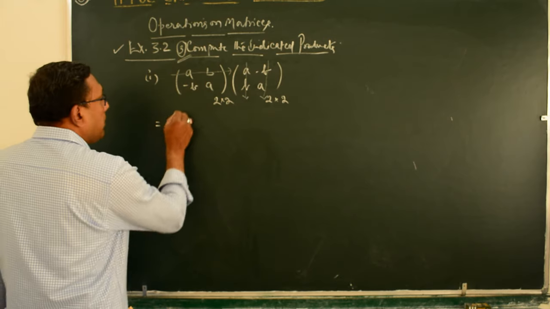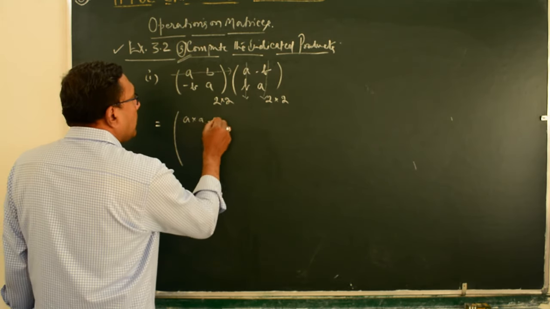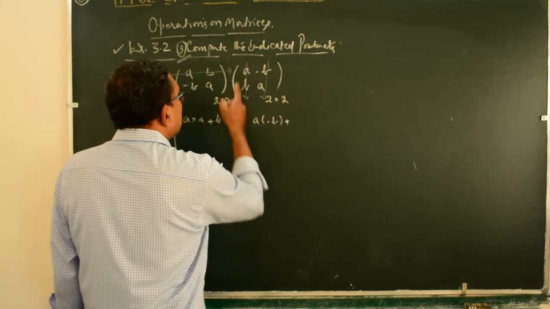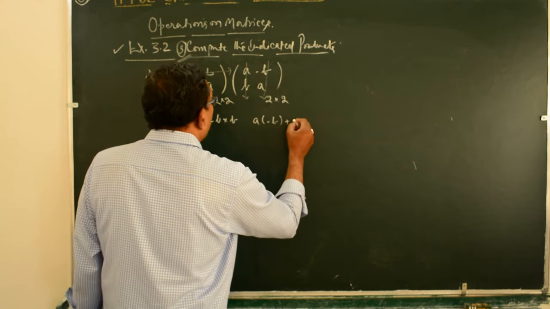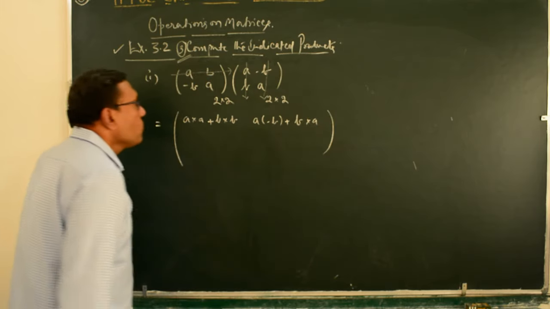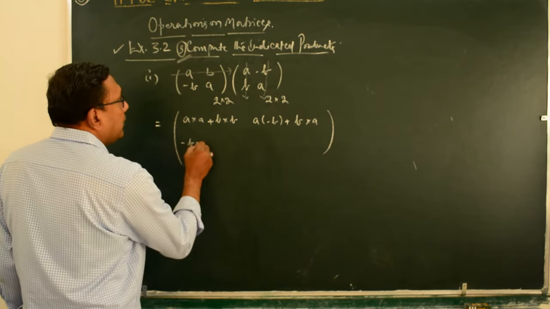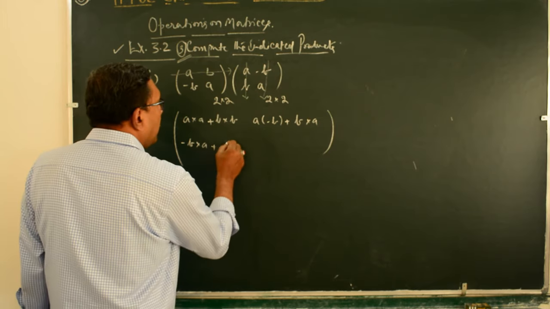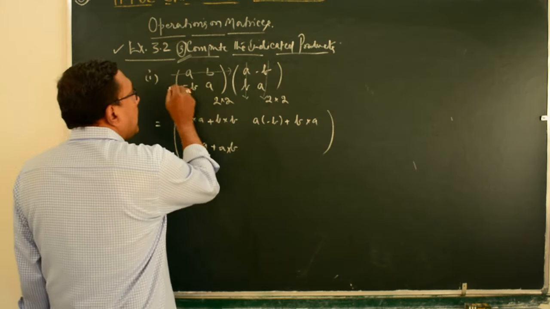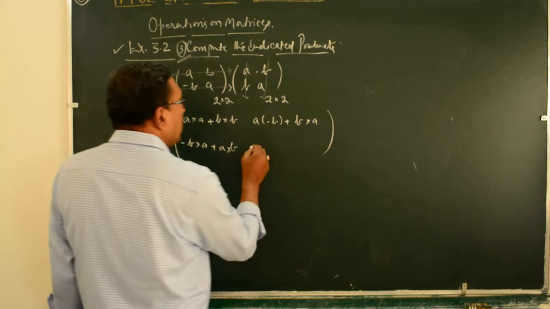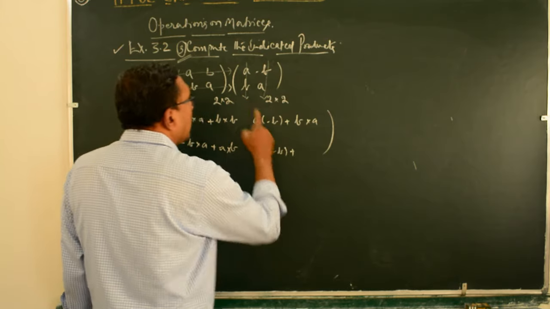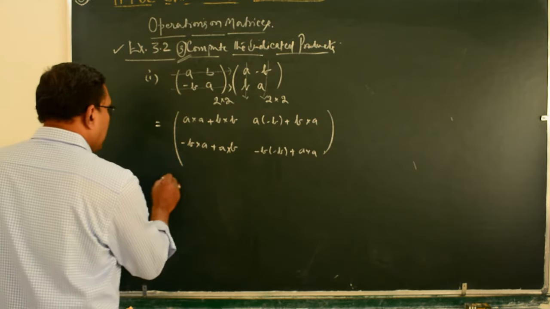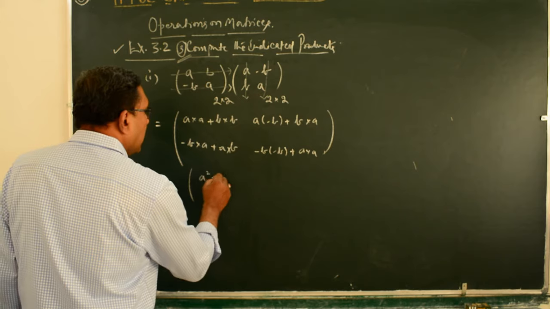So, this will be A into A plus B into B. Here, A into minus B plus B into A. Here minus B into A plus minus A into B, and similarly the second row multiplied with the second column, minus B into minus B plus A into A. Let's see the product of the matrices, which is A square plus B square.